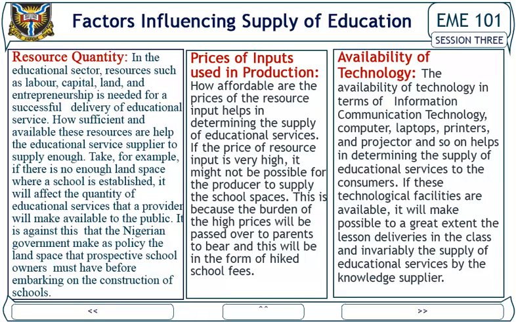Take for example, if there is not enough land space where a school is established, it will affect the quantity of educational services that a provider will make available to the public. It is against this background that the Nigerian government made it a policy that prospective school owners must have a required land space before embarking on the construction of schools.